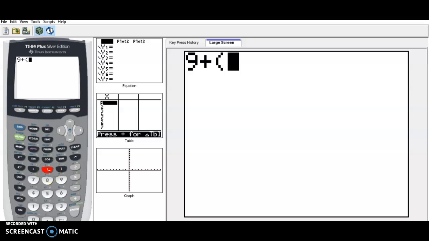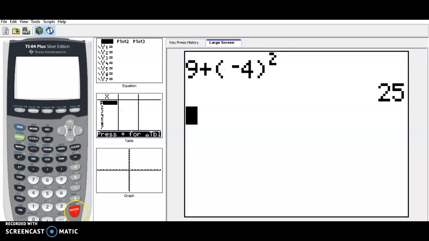Remember the negative button is below the 3, -4, close the parenthesis before you square it. How do you square it? X squared will square it, or up arrow and 2 gives you the exponent of 2, and hopefully we will see 25. Voila. Bam.